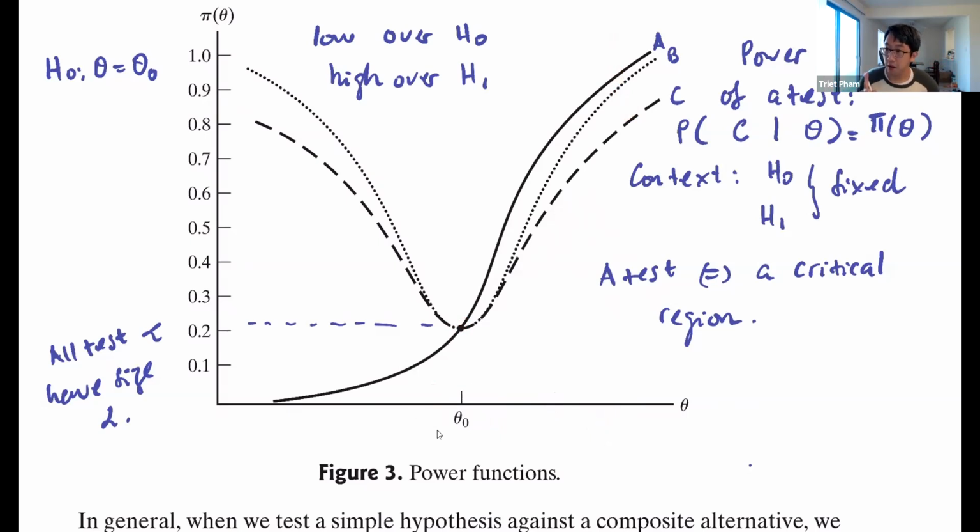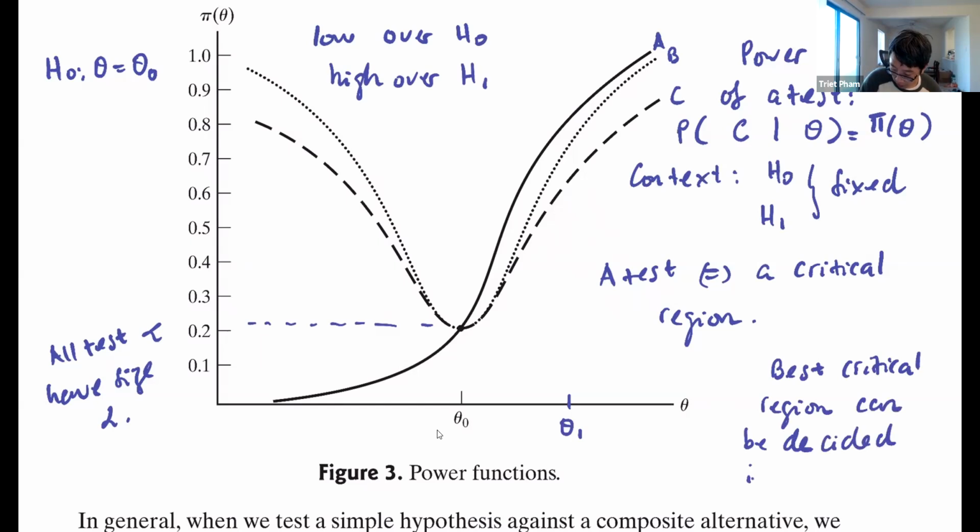By the way, what does this simple thought experiment demonstrate? That when you have a simple hypothesis, no, an alternative, then the question of the best critical region, or best test, can be decided in simple hypothesis.